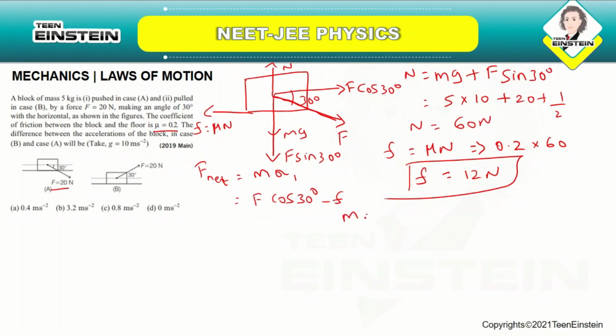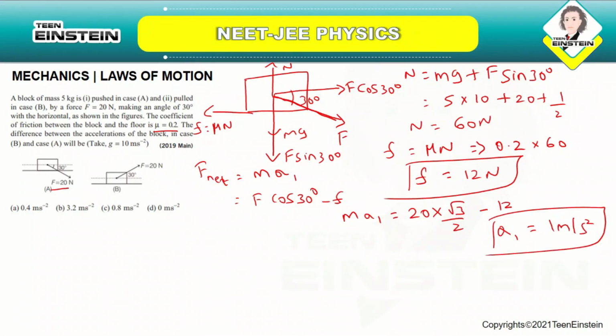So, m a1 will be equal to 20 into cos 30, which is root 3 by 2, minus f, which is 12. M value is 5. On solving this, you will get the a1 value as roughly 1 meter per second square. So this is the value of a1 for the first case.